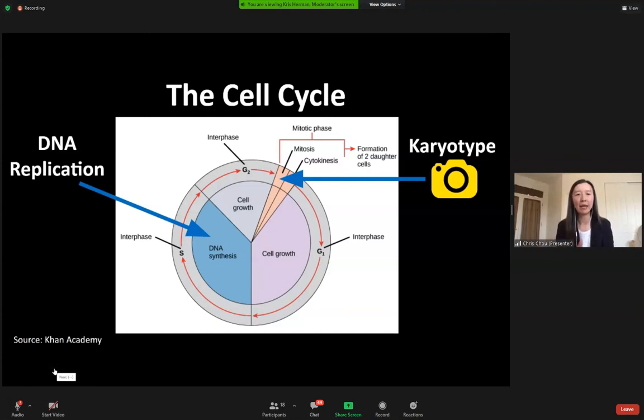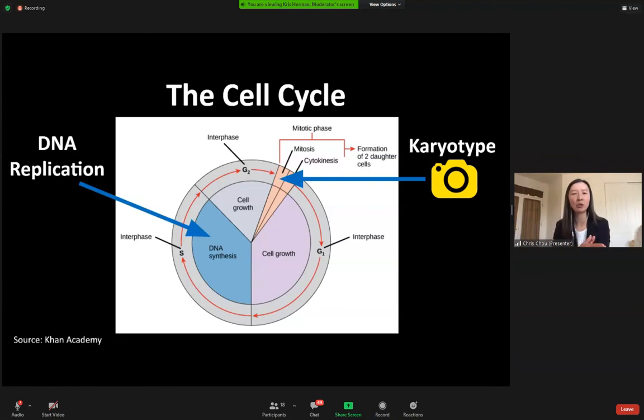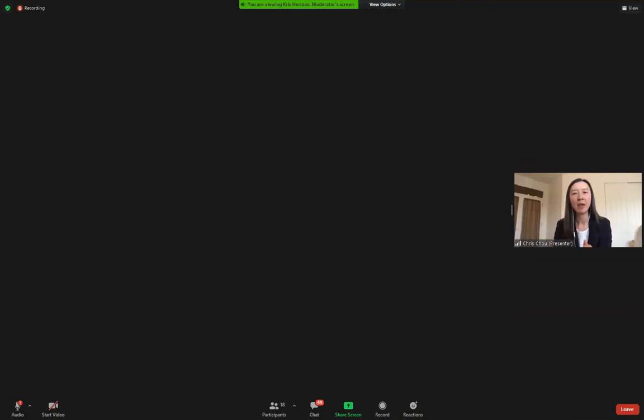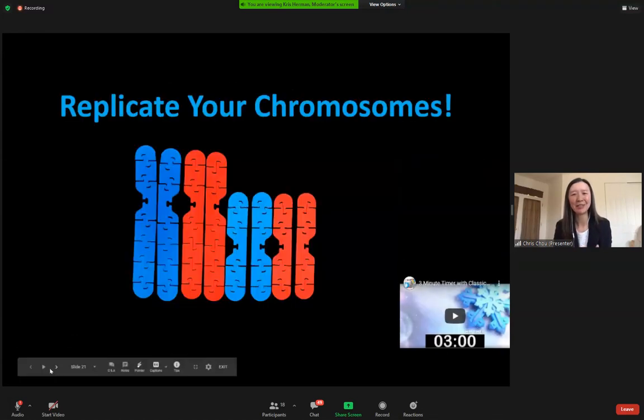That is the S phase, DNA synthesis. And then after passing through the S phase, we're going to have a series of checkpoints making sure the DNA was copied correctly. Are there any mistakes that have to be fixed? And then the cell's getting ready to divide through G2. And then the M phase is mitosis. Of course, we're going to take a look at that today, the different stages of mitosis.